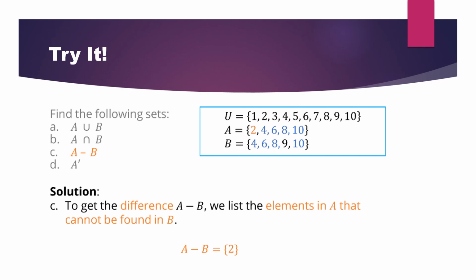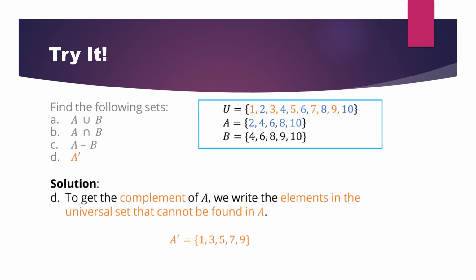This is the element that cannot be found in set B. Next is the complement of set A. To get the complement of A, we write the elements in the universal set that cannot be found in A. We have complement of A is equal to 1, 3, 5, 7, and 9. These are the elements that cannot be found in A.